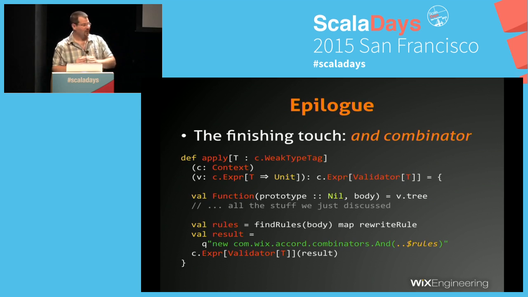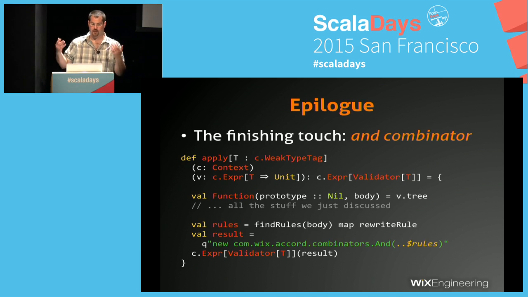Take all of the stuff we just discussed, imagine that it's there in the middle. The bottom line is, I find the rules from the body, I take each and every rule and rewrite it, then I get a list of rules, and then I use a second very nice feature of QuasiQuotes, which is the ability to take a sequence of trees and just feed it into a variadic function. So this AND combinator just takes a whole bunch of combinators over the same type.